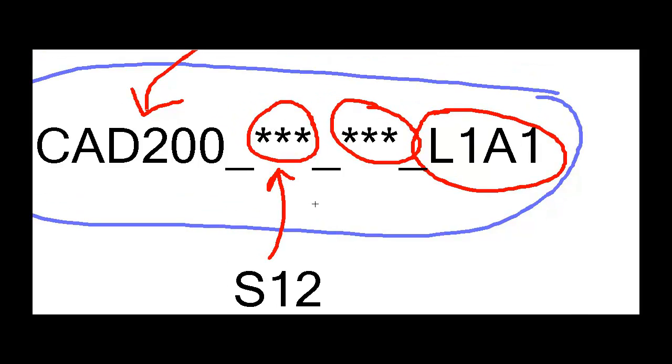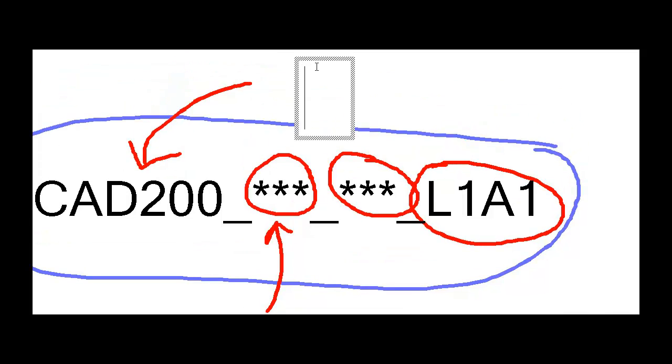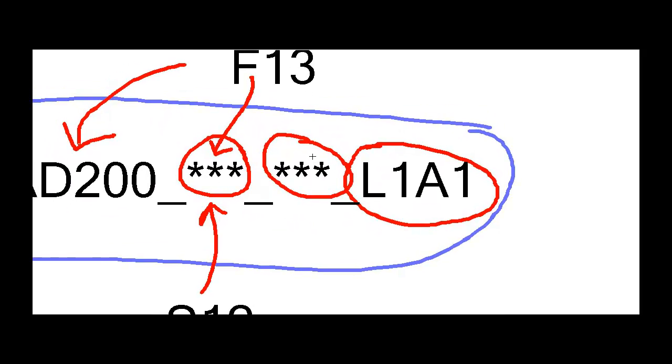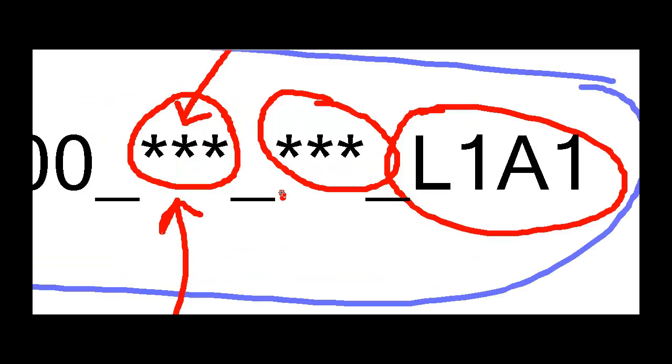Now if you happen to be in fall 2013, you would put in F13. This helps us to denote what sort of semester we're dealing with for our records and for your records too. It's a good way of keeping track. So these asterisks represent the naming convention for the semester and year in whichever case you're taking the course.